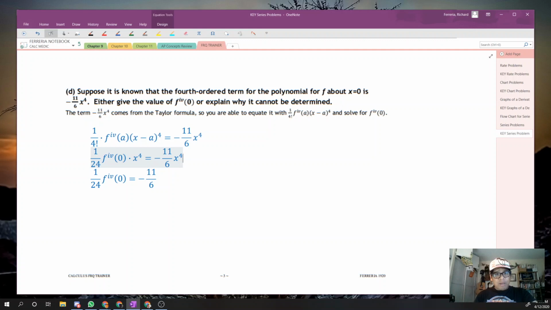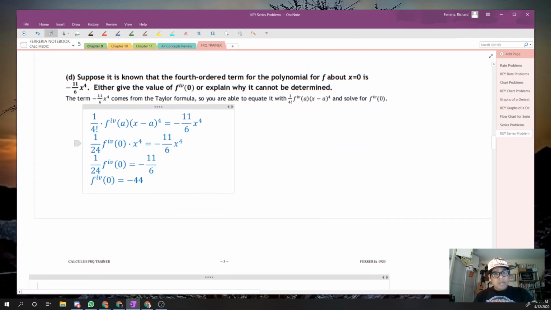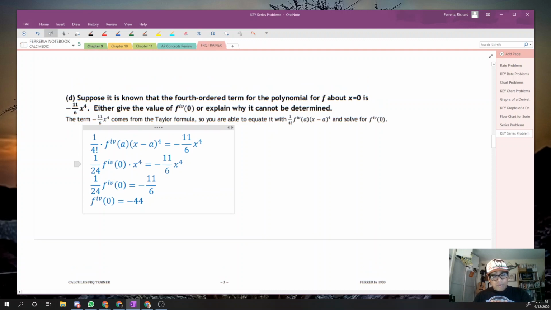And if that's true, then one real simple algebraic maneuver is going to give me the fourth derivative. I just have to multiply by the reciprocal. That's going to get me 44. So the value of the fourth derivative is negative 44. And that's it. Not bad, right? Notice that you do have to have mastery of that Taylor polynomial. If you don't know what that Taylor polynomial is or how to construct a Taylor polynomial, these problems really can't do anything for you.